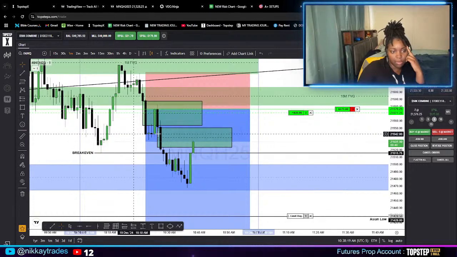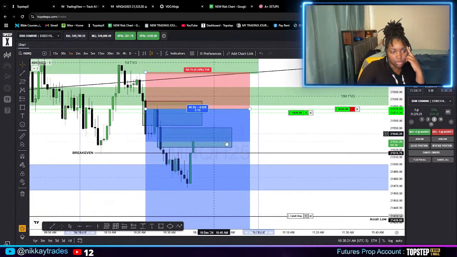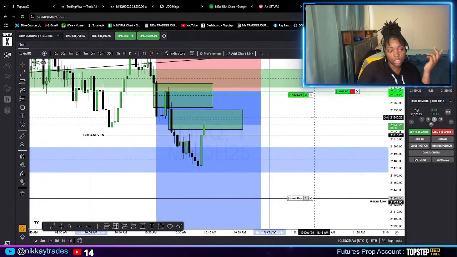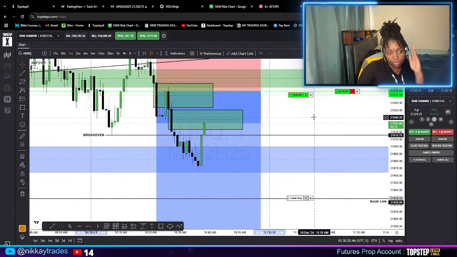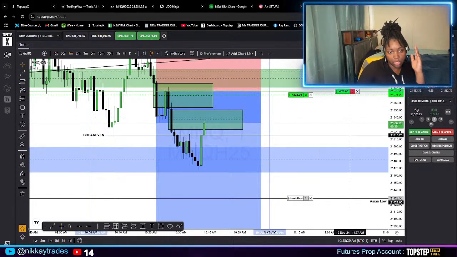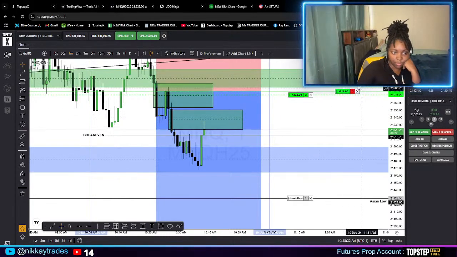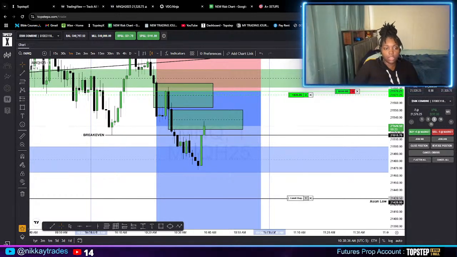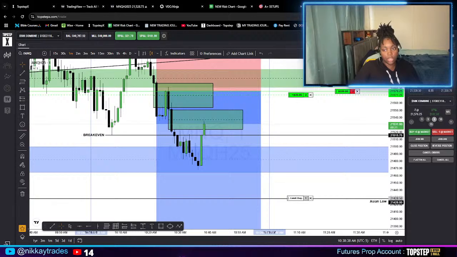But like I said, I'm gonna give myself until this fair value gap to see if I'm gonna cut it or not, because it could just be coming in here to tap into the 50% of it, and then dump. One thing I had to realize is price has to fill in the gaps eventually.